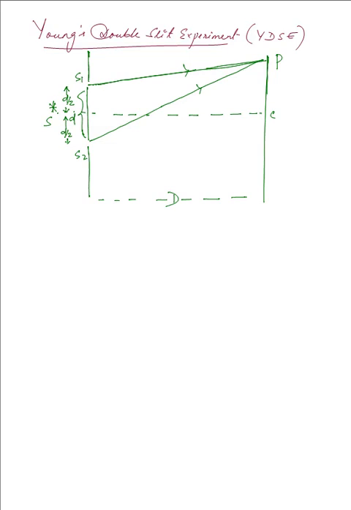If we are to consider the path difference between these two rays, then I'll be dropping a perpendicular from the source S1 onto the second ray at the point T. So this S2T is the extra path traveled by the second ray, because from T towards P will be equal to S1 to P. However, this S2T will be very negligible, because the distance D is much greater than the small distance separating the two slits.